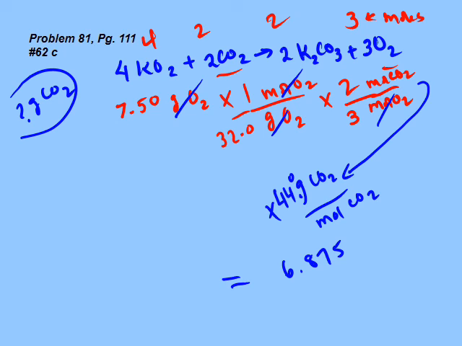If I want to round to three significant figures, it's going to be around 6.88, and the unit is gram of carbon dioxide. So this is my answer. So it'll be 6.88 gram of carbon dioxide that's going to react.